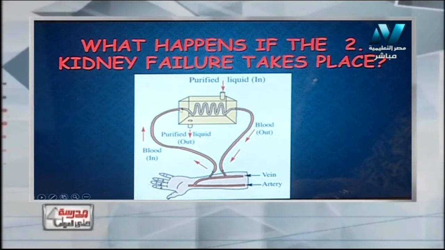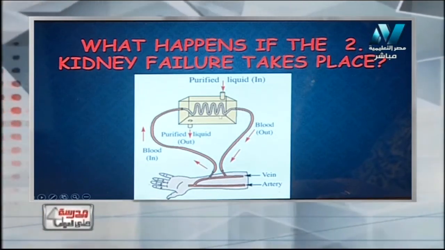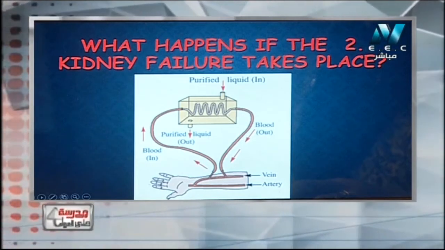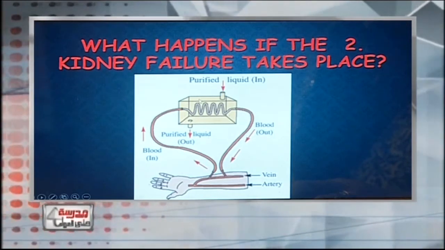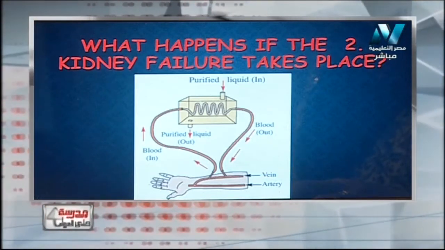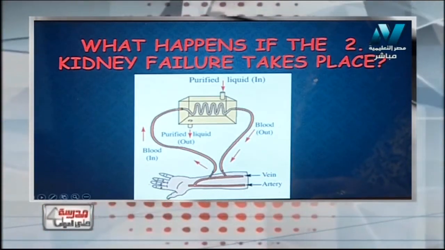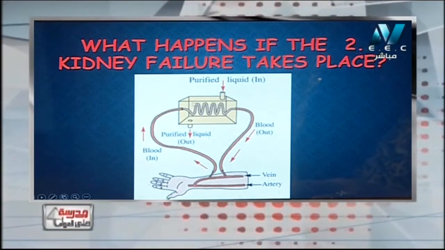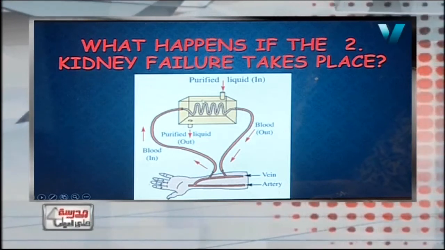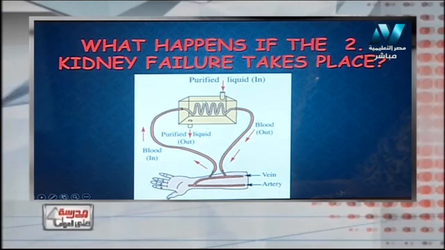Again, the blood goes into the coiled tube inside the device and is filtered of the waste materials, especially the urine, all of the nitrogenous wastes, excess amount of salt, excess amount of any other waste materials and poisonous substances.